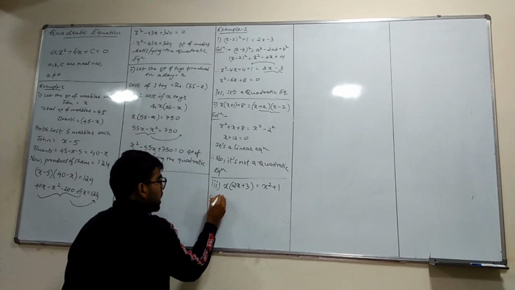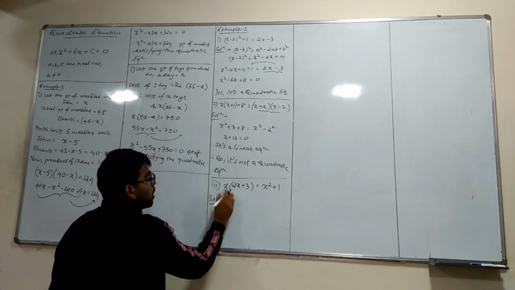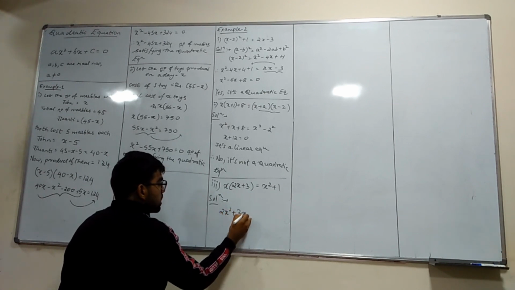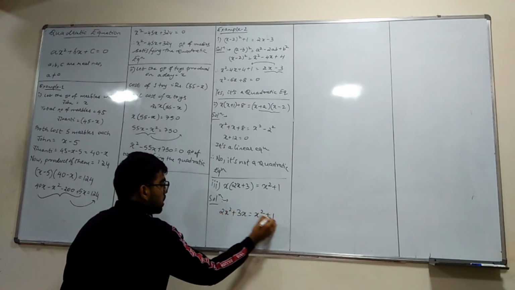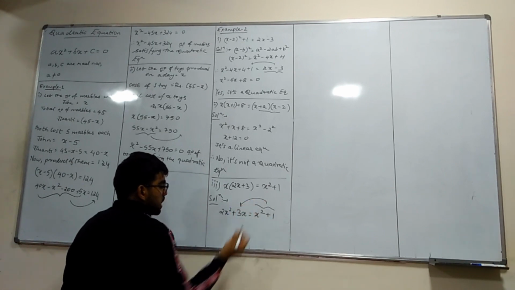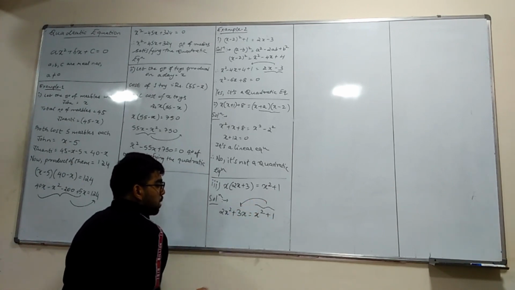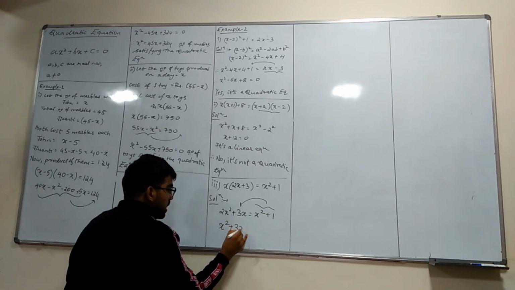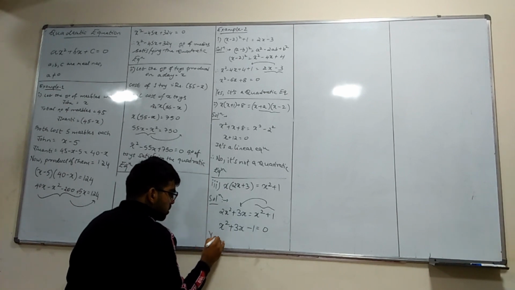Let me try solving this. Open the brackets, it will be 2x square plus 3x is equal to x square plus 1. Bring this term onto this side. So 2x square minus x square, x square plus 3x minus 1 equal to 0. So yes, it's a quadratic.